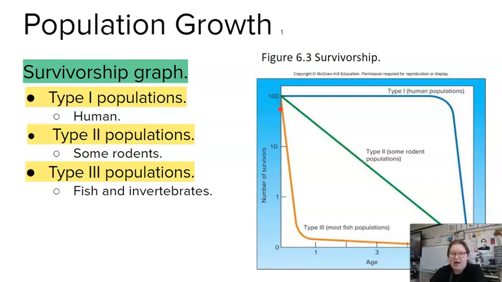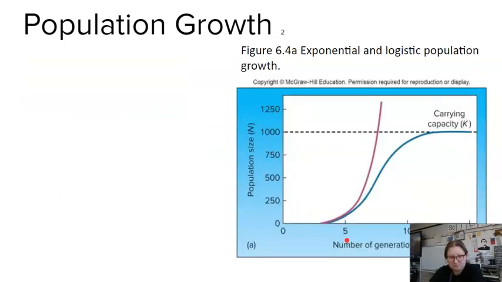They have like a boom-bust kind of cycle. They give birth to a lot of offspring that typically don't survive. So think about fish. How many eggs fish lay at one time? Most of those fish are not going to make it to reproductive age. And that's what we see in type 3 survivorship populations.